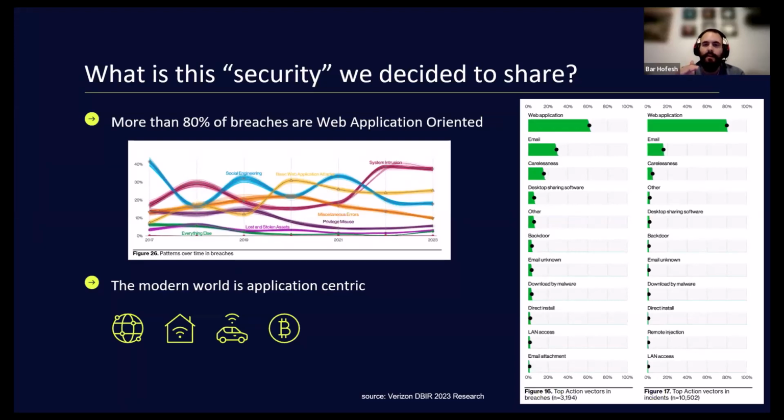If you look at the amount, you would think that most of those would be some very complicated zero-days, or some tricking people, going through all kinds of emails and malware, but no, it's the basics. The main problem with web applications is the basic attacks. And again, this is what we see from Verizon's research.